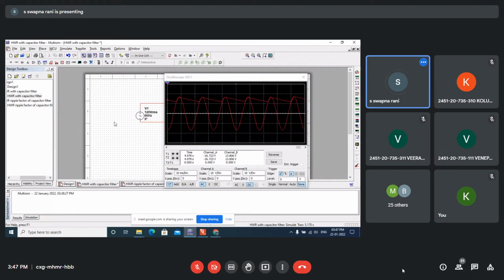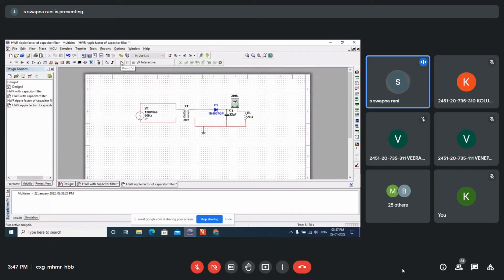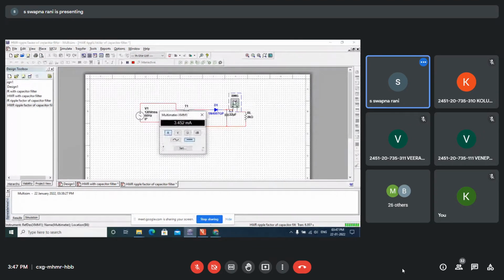This is already running. I will start this simulation. Once this is stopped, then only we can run the other simulation. So multiple simulations are necessary in this. You see here. So it will give you the DC current, AC current.